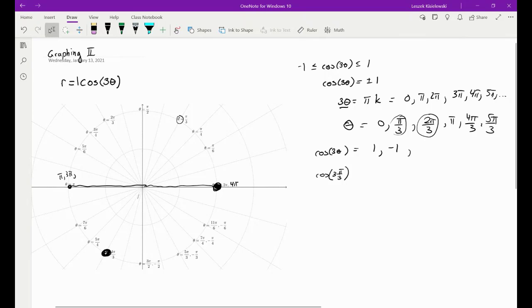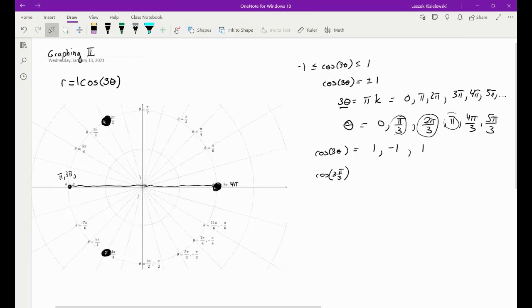Okay, and when theta is 2 pi over 3, cosine of 3 times that angle gives us 1. So at 2 pi over 3, r is 1. So that's the next tip of the petal.